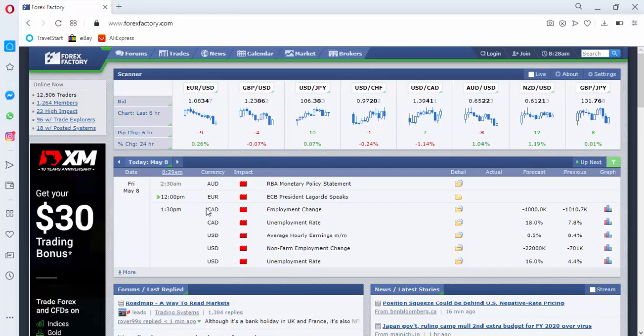Today, from Canada, we're expecting two job data, employment change and then unemployment rate. From the forecast, economists are expecting unemployment rate in Canada to have jumped to 18% from the previous 7.8%.